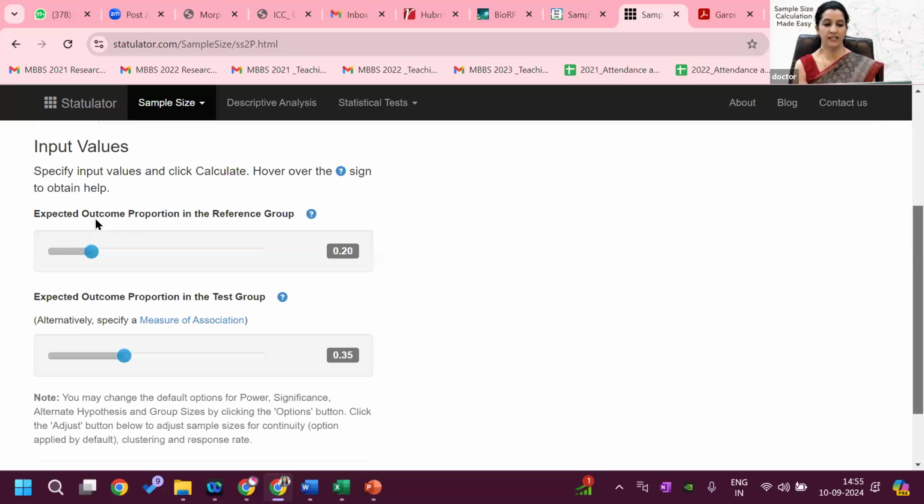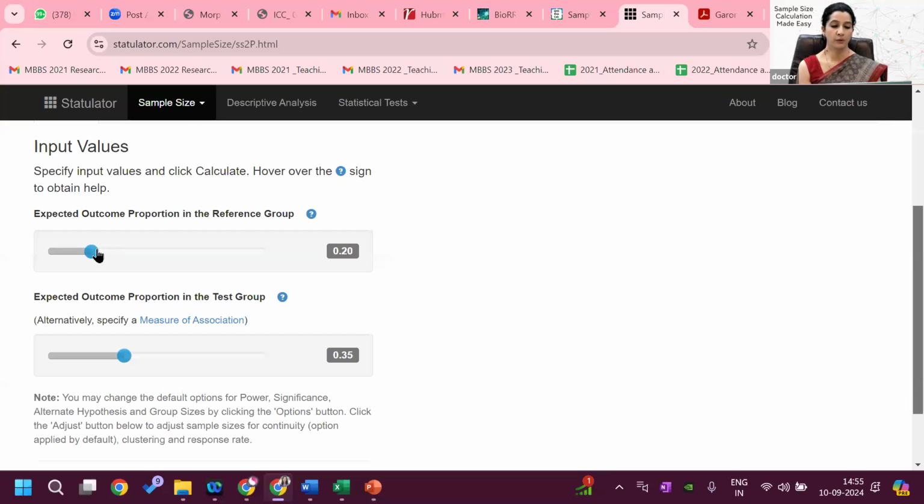You will always think that it is for a cohort study because it says expected, but you can imagine that they are talking about the proportion of exposure in the reference group, and the reference group is your control group.